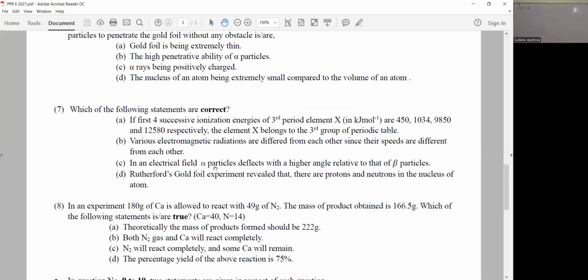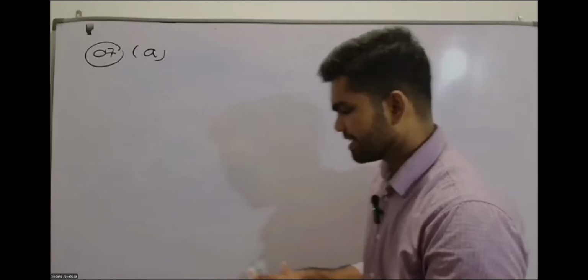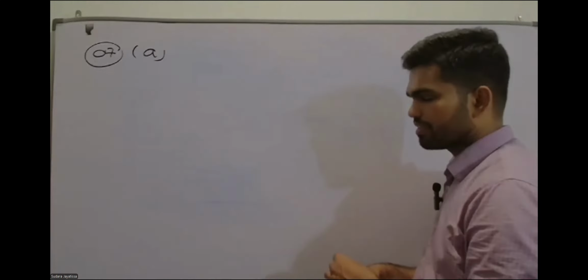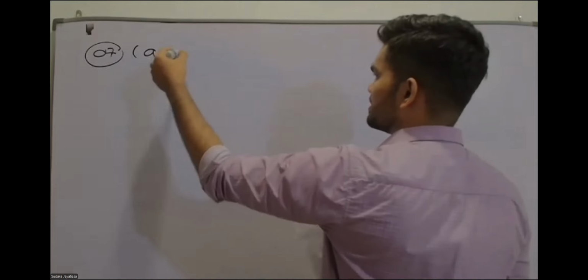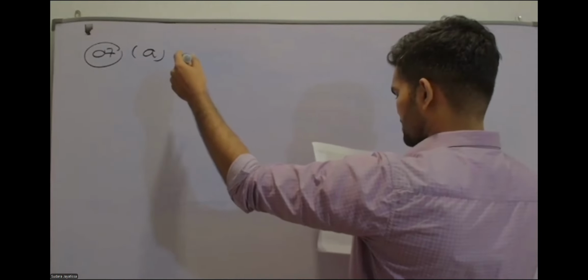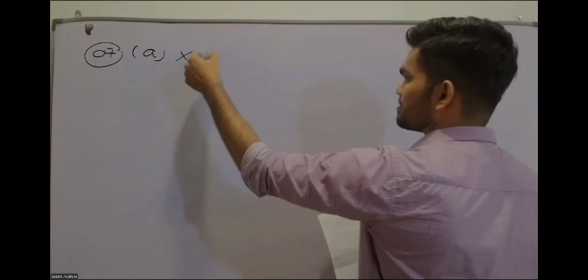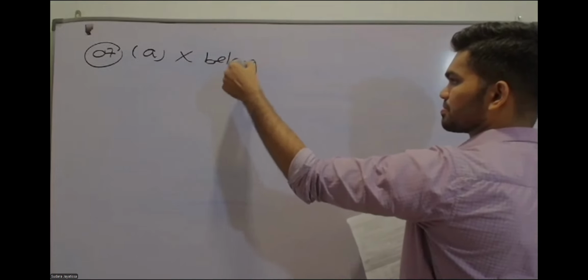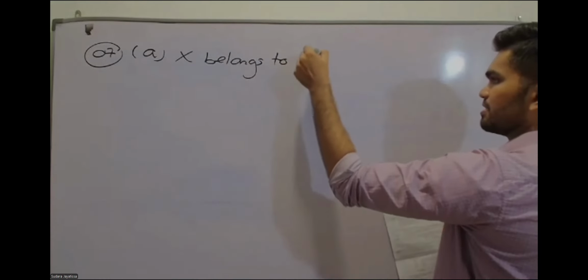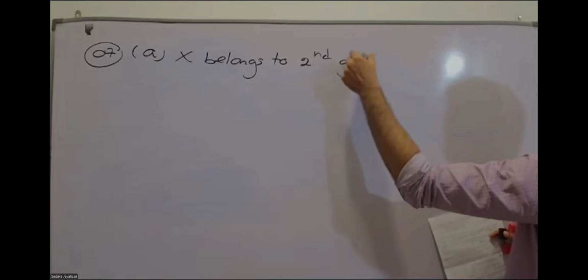It is given some successive ionization energies, and the question is telling that the element belongs to group 3. Good. So regarding the first one, A is wrong. Why? Because element X belongs to the second group.